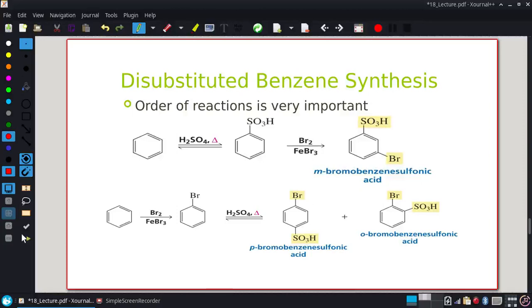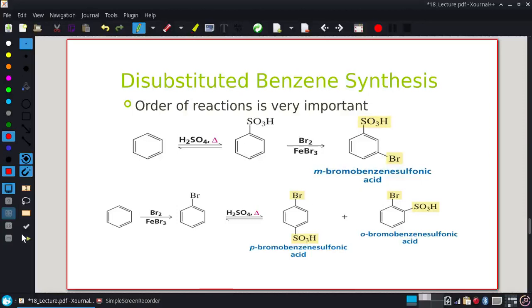All right, so that introduces the concept that when we actually want to put two different groups on there, the order in which we put them is very important. So if I want to sulfonate and brominate, I have to be careful of how I do that, because if I do sulfonation first and then bromine, since SO3H is a meta-director, we will get just one product: meta-bromo, or 3-bromobenzene sulfonic acid.